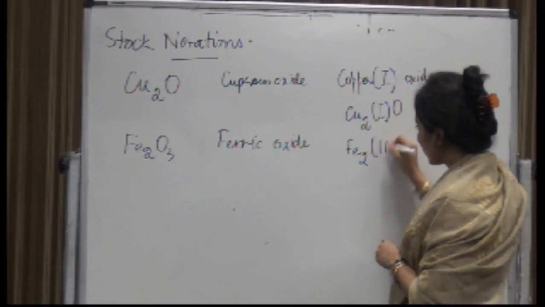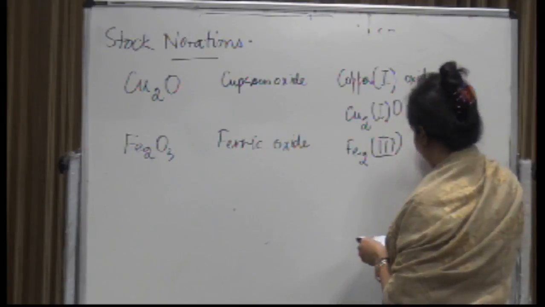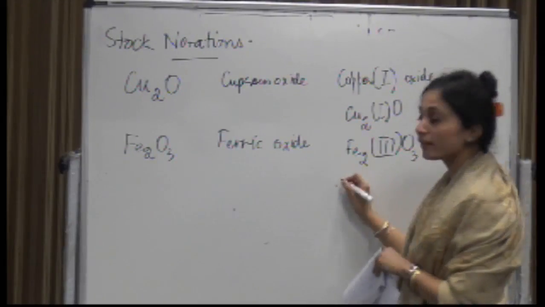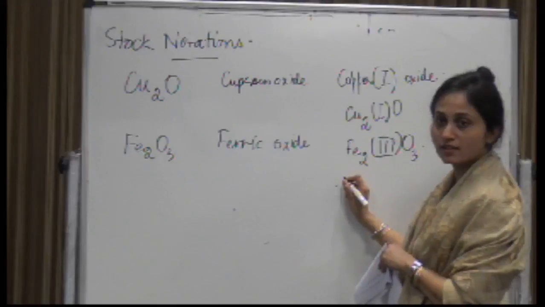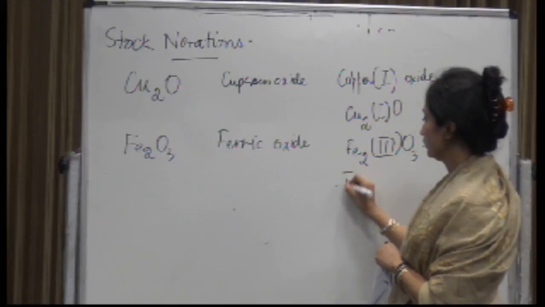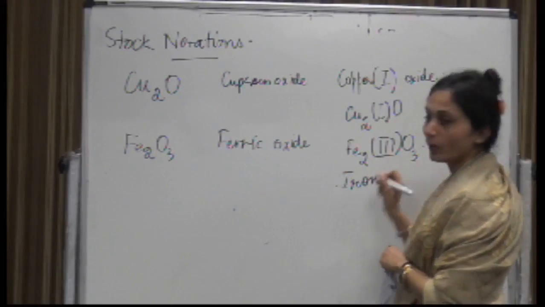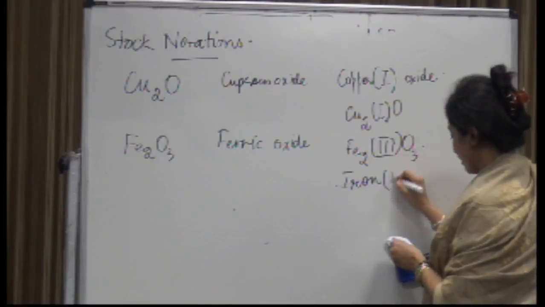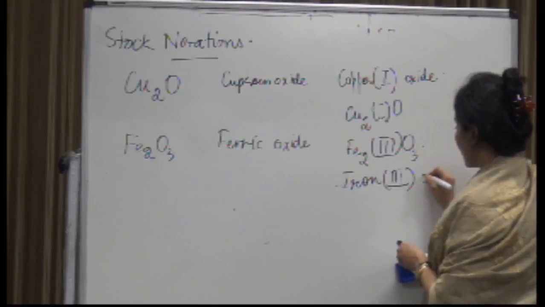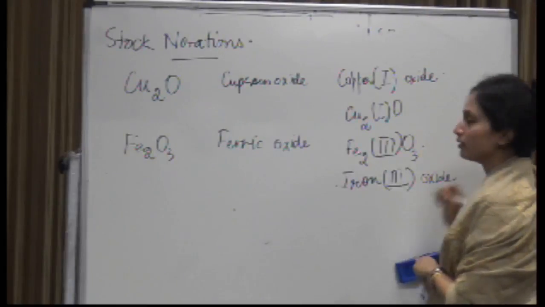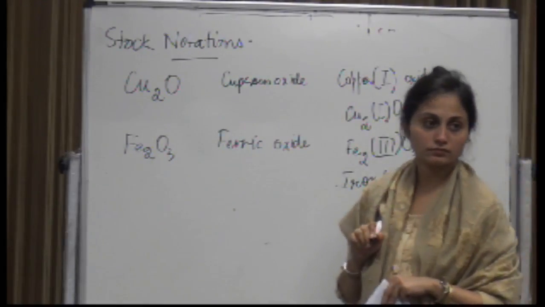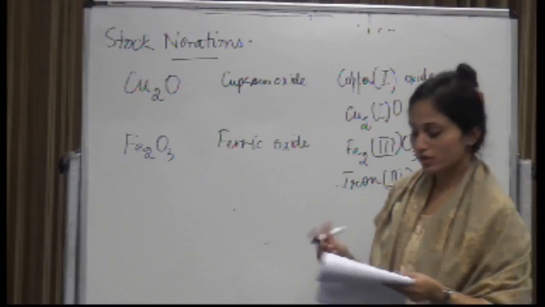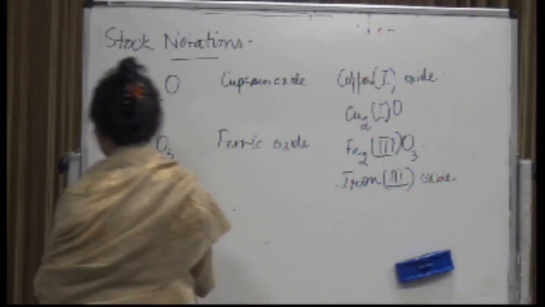Fe2(III)O3, or in words, you know the name of Fe, that's iron, so iron(III) oxide. Clear with it? It's not a Herculean task to understand this, it's very simple.